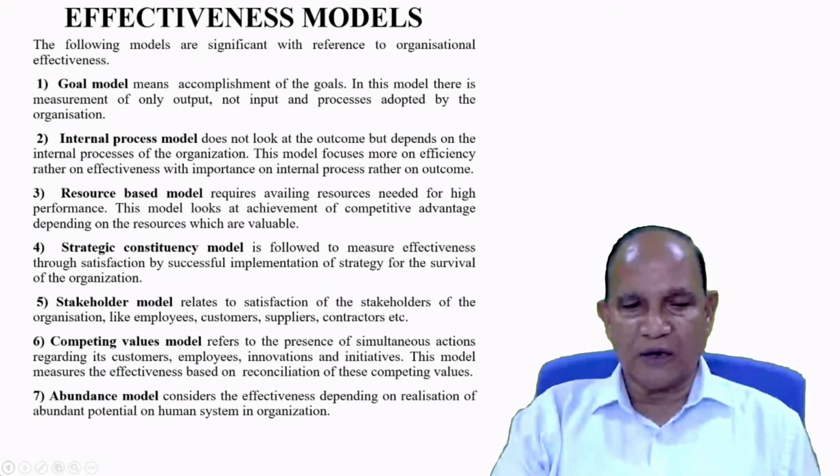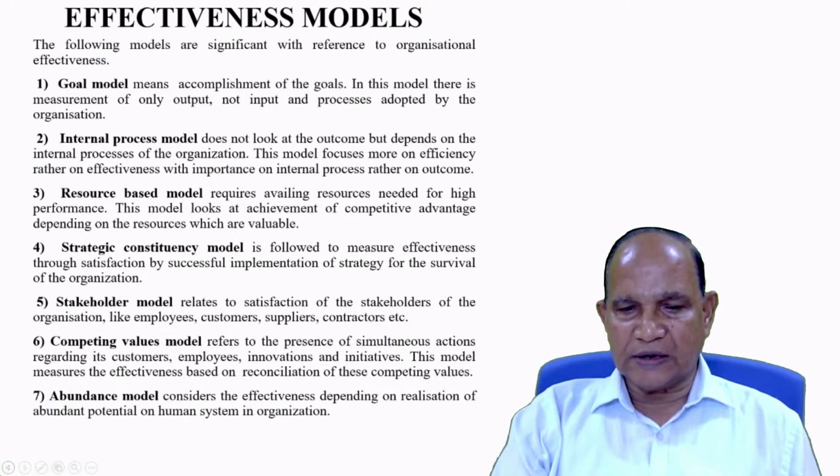Next, the abundance model. This abundance model considers the effectiveness depending on realization of abundant potential of the human system in the organization. All of us know that human resource is very important. Human resource should be capable. Human resource should be appropriate.